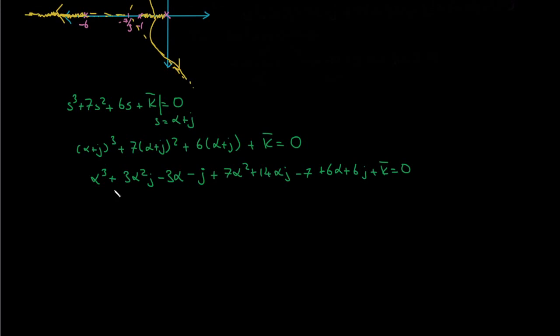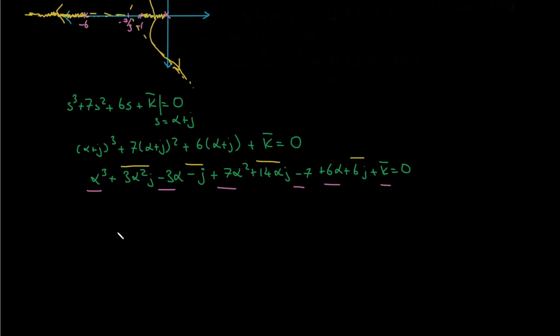So let's first extract the real part. So this is real, this is real, that is real, and that is real. And the imaginary parts are this, right? So here I have another one, and another one over here.